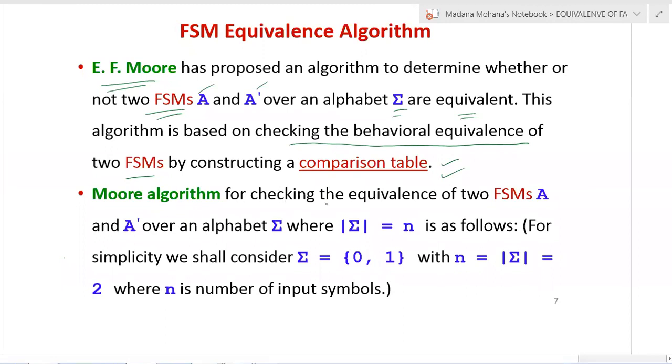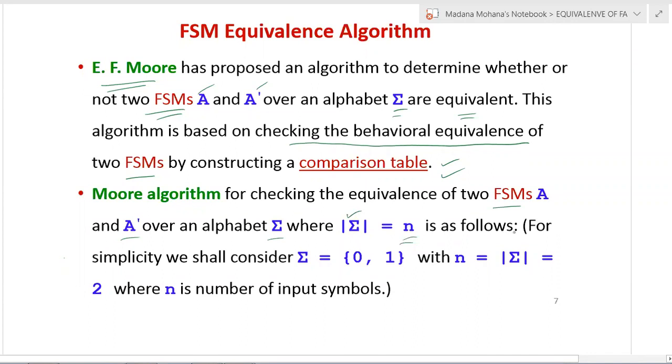So, Moore's algorithm for checking the equivalence of two FSMs A and A dash over an alphabet sigma. Here we will consider mod sigma equal to n. What is mod sigma? It is the number of input symbols in sigma. You can take the count of the number of symbols in sigma, let us say n.